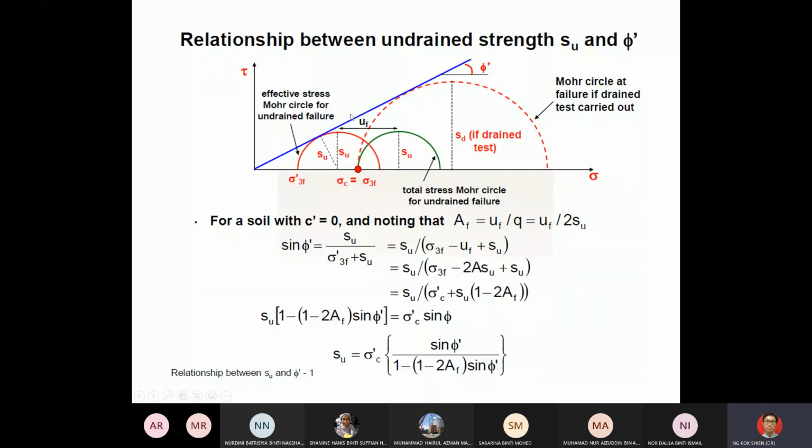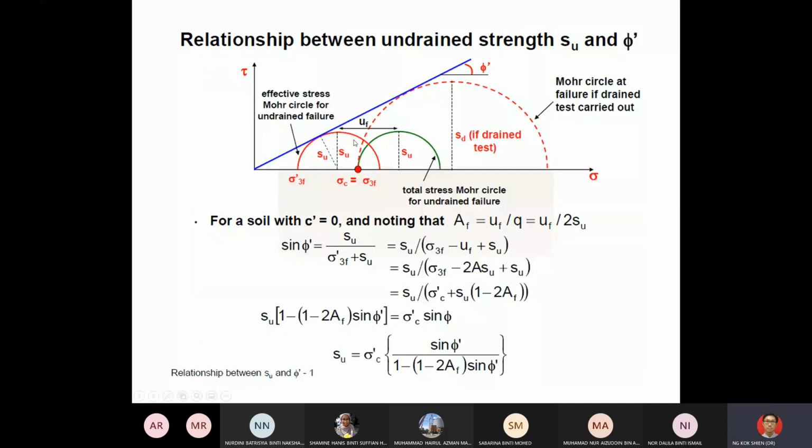In undrained strength, like the CU test, if you conduct a CU test, you get the total stress Mohr circle and the effective stress Mohr circle. The difference is pore water pressure, because we know that total stress minus pore water pressure gives you effective stress. Total stress, let's say sigma 3 here, minus the pore pressure, you get sigma 3 prime here.